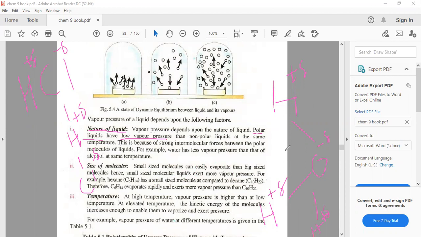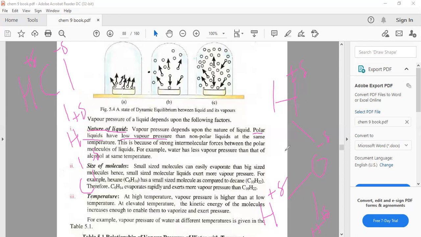If they vaporize very slowly, then they will condense back very slowly. In this way, the rate of vaporization and the rate of condensation are very low. So that's why polar liquids have a very low vapor pressure.